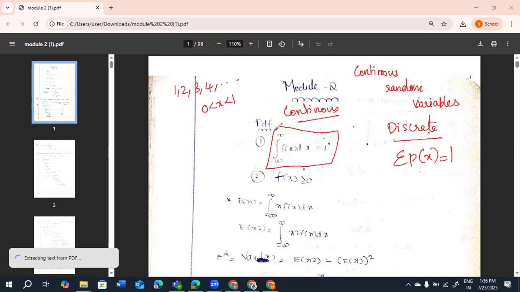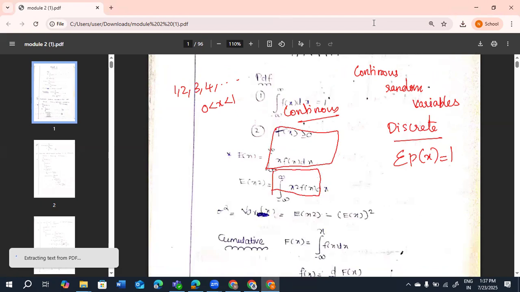This is one of the basic equations. The other one is that f of x will be greater than or equal to 0. These two are very important in continuous distributions. So the conditions we use here are these. I think you can follow now. Okay, now let us move to the next one.